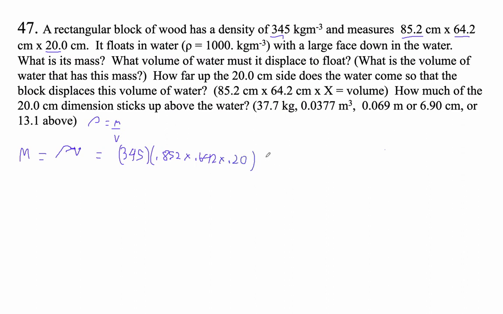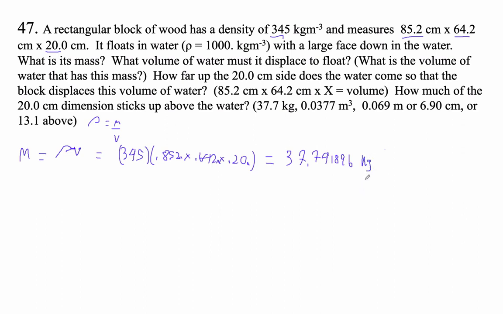And notice that this is kilograms per cubic meter. Those are all meters, right? So this will just be pure kilograms, right? So 345 times 0.852 times 0.642 times 0.2. So it has a mass of 37.741896 approximately kilograms, right?